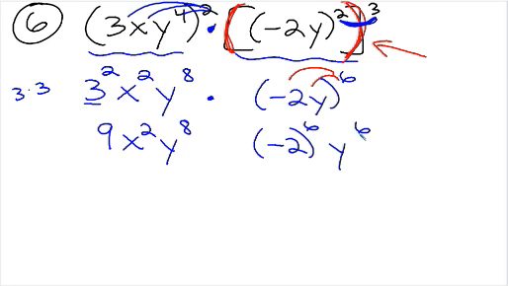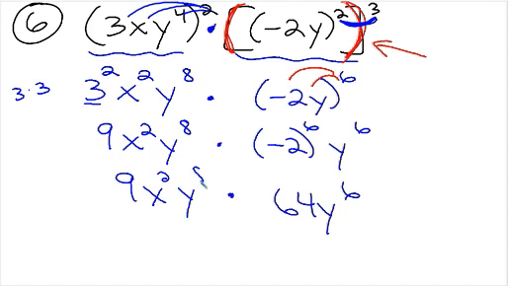All right. So this turns into 64 y to the 6th times 9x squared y to the 8th, and we're almost done finally. Somebody on your calculator, find out what 9 times 64 is. 576.